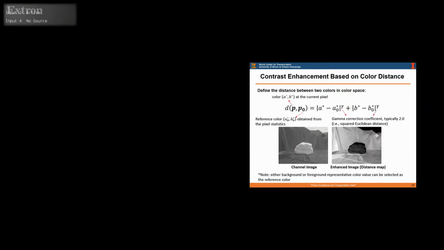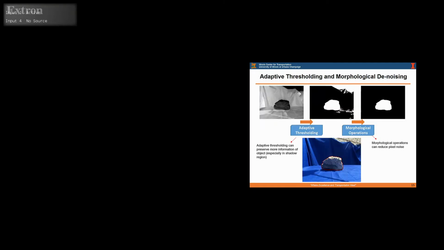Then here are some details, but I will skip them. The main idea is that from the image we can pick representative foreground and background average pixel values and do gamma correction. That's basically a power enhancement of the image, and this will lead us to the right image. That's a contrast-enhanced image, so it's easier for the color segmentation task.